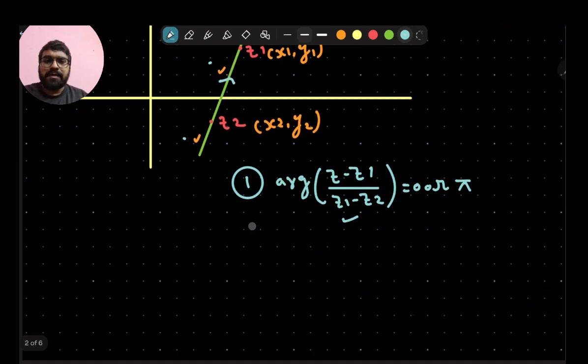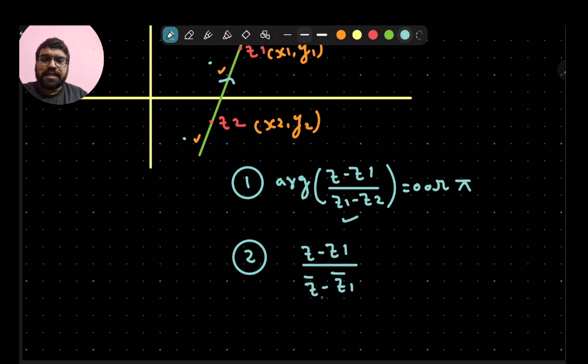So we can say here, if you want to talk about the real, then you can use it, or else you can just simply say the complex slope will be equal. That means (z minus z1) upon (z1 minus z2) equals (z bar minus z1 bar) upon (z1 bar minus z2 bar).